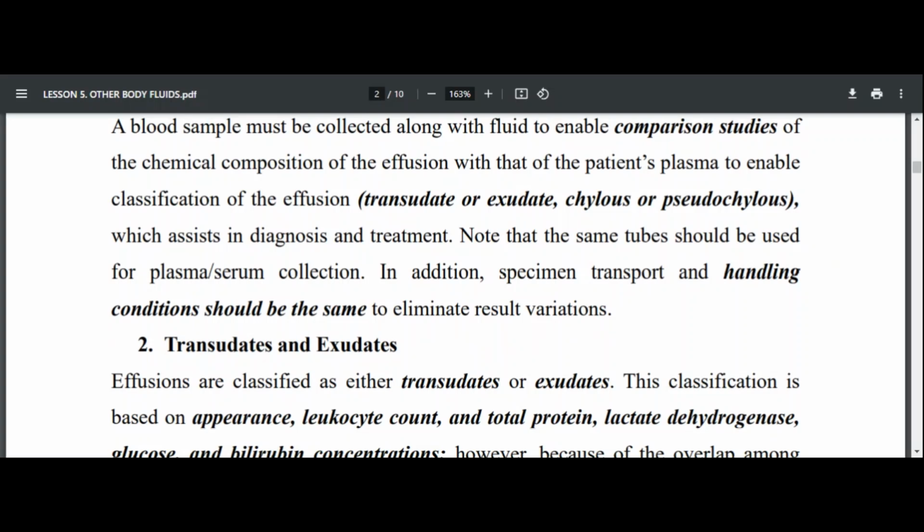Also when you collect plasma and body fluid together, you must ensure that handling conditions are the same in order to eliminate any variations.